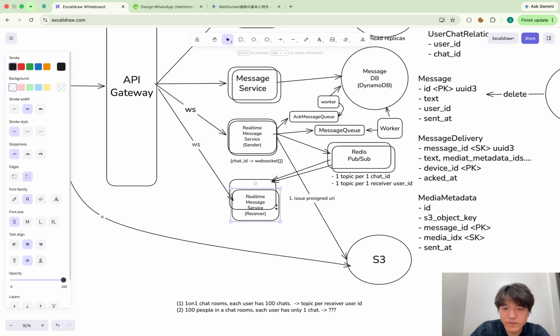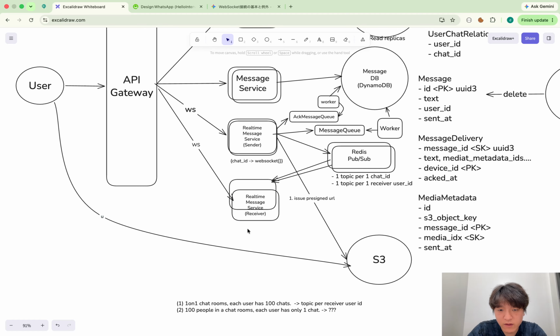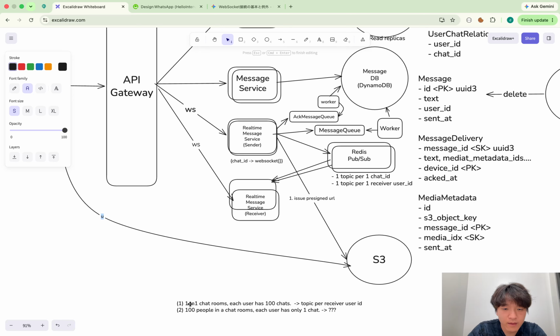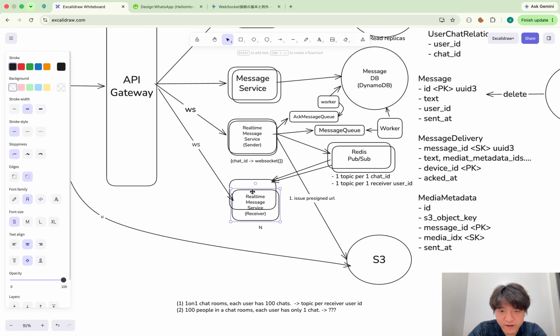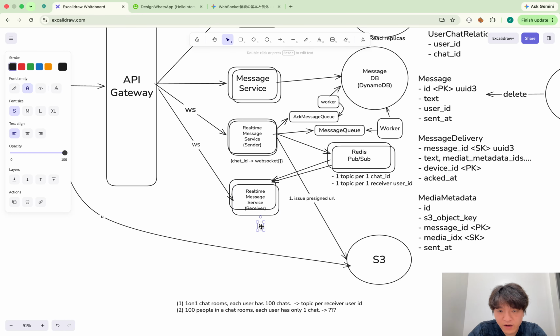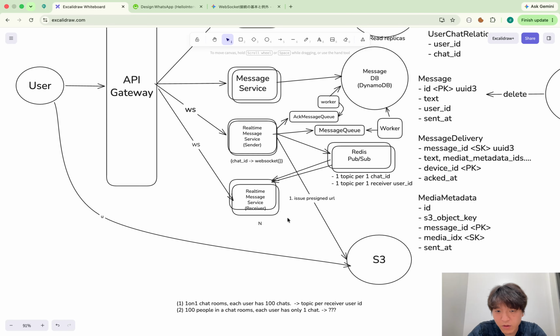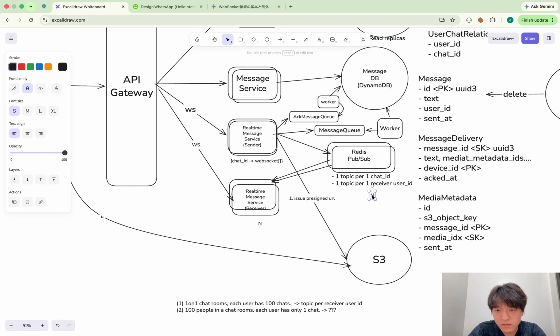number of connections between the receiver servers and the Redis PubSub is, let's say there are n receiver servers, and there are m Redis PubSub servers, each of which is an instance, because this is a Redis PubSub cluster.